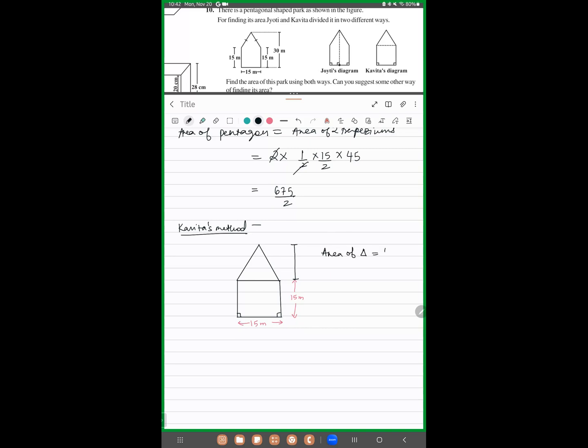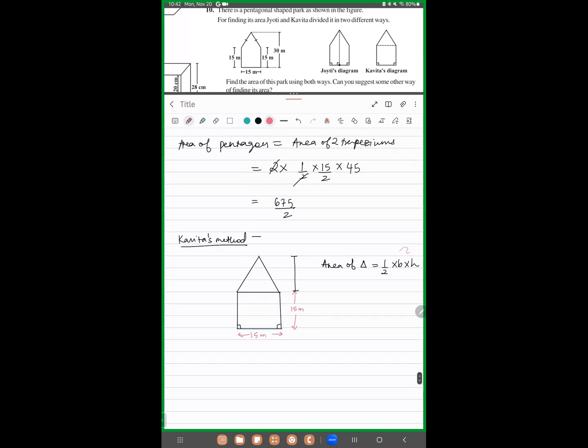It was half into base into height. Yeah, base into height. What is the base and what is the height? Base is 15. Very good. Base is from here to here, 15. And height is how much? Height is also 15.